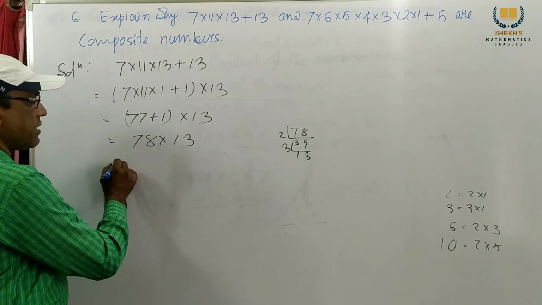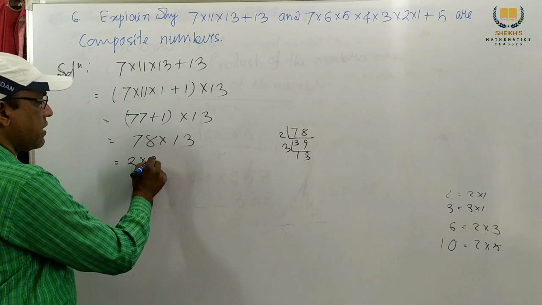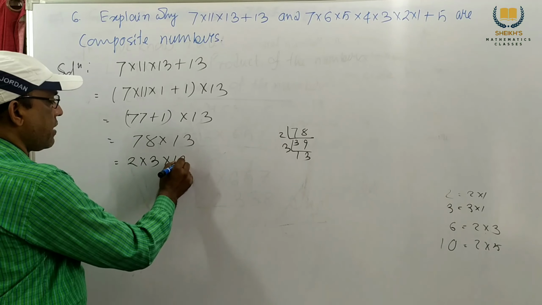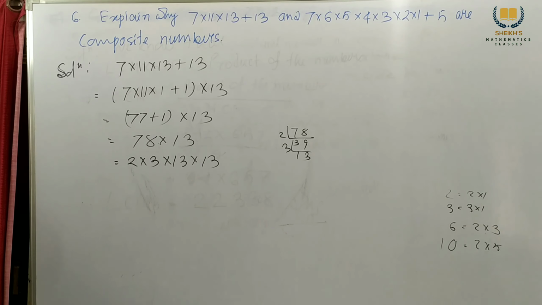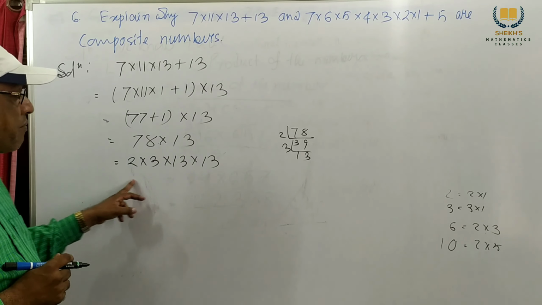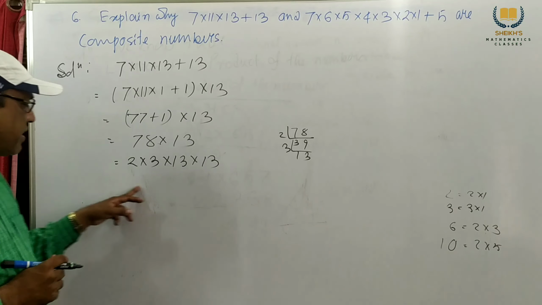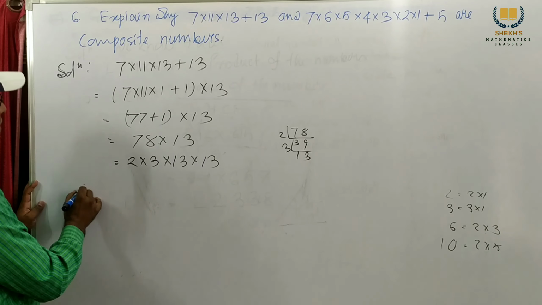So we get 2 into 3 into 13 into 13. These are prime numbers.